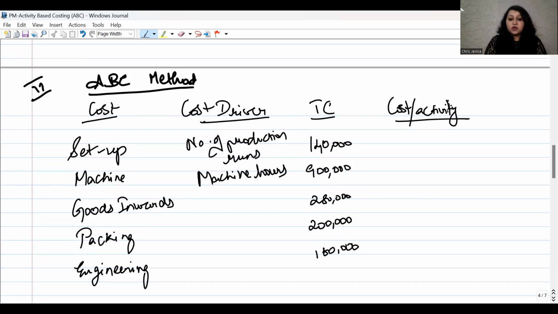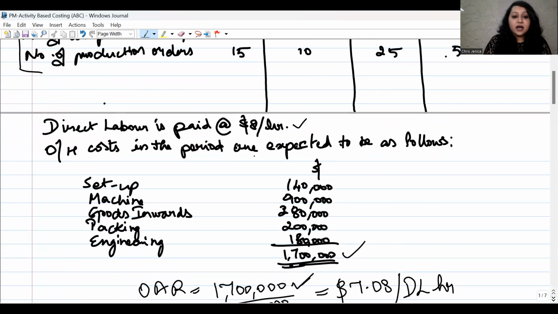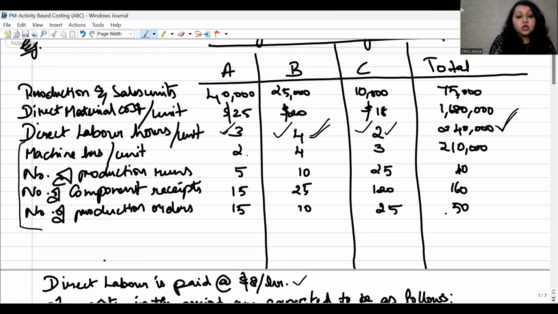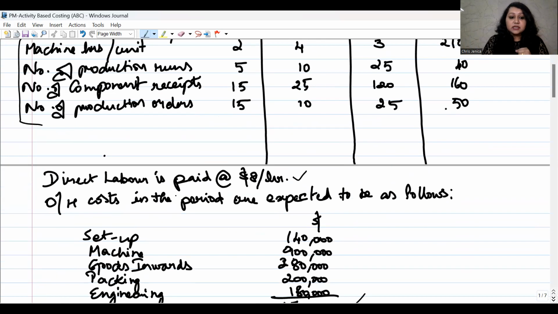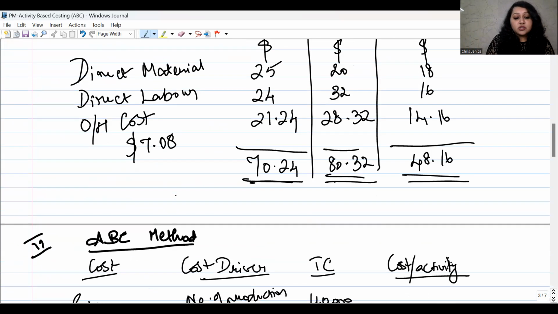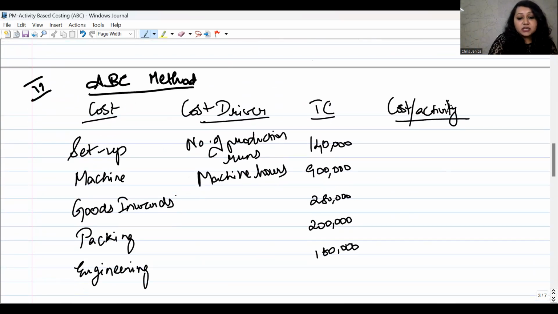Then you have goods inwards. In your question, you directly have the number of component receipts, which means how many components are actually entering your warehouse. So the cost driver for goods inwards would be the number of component receipts.